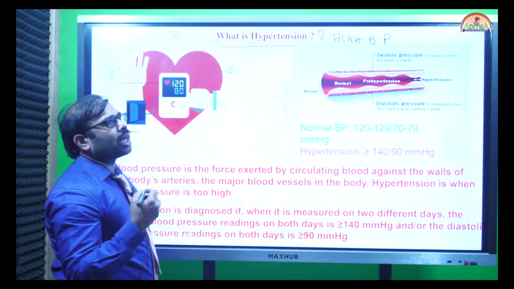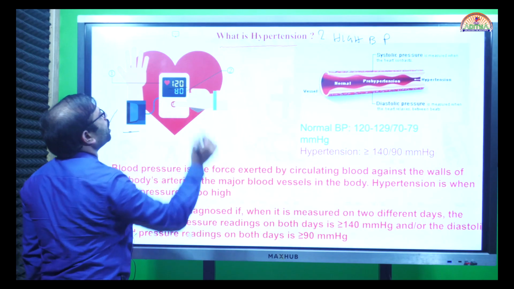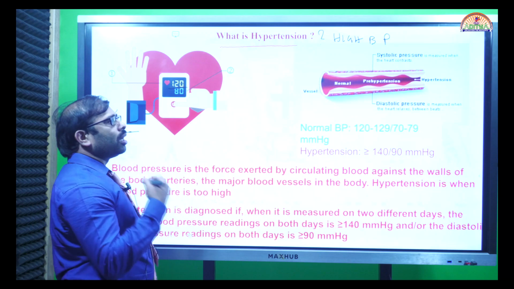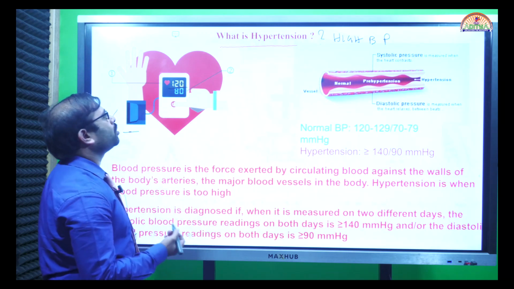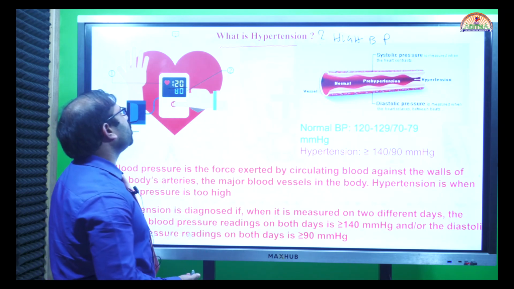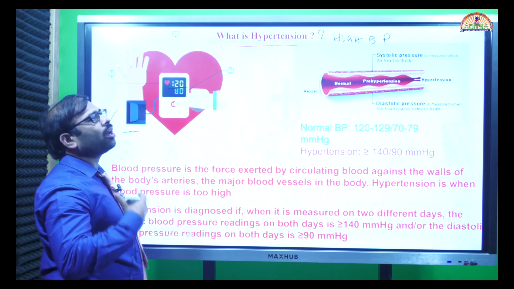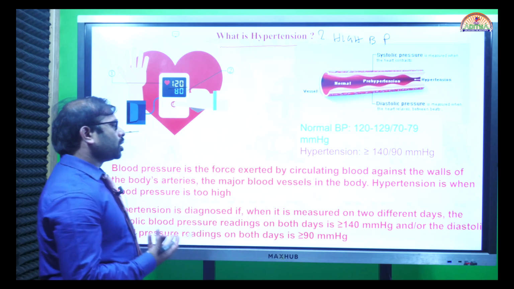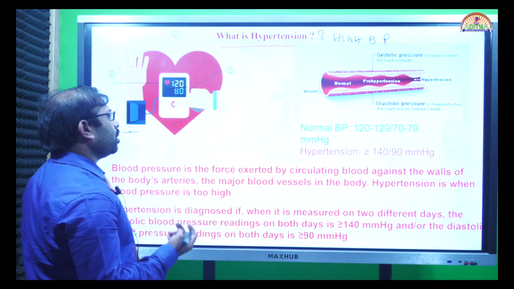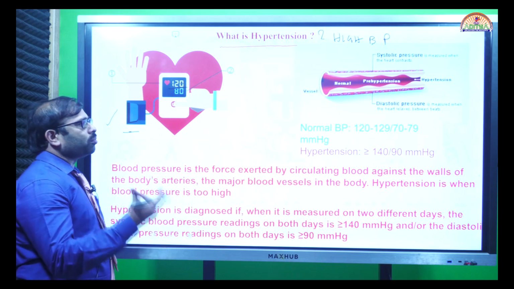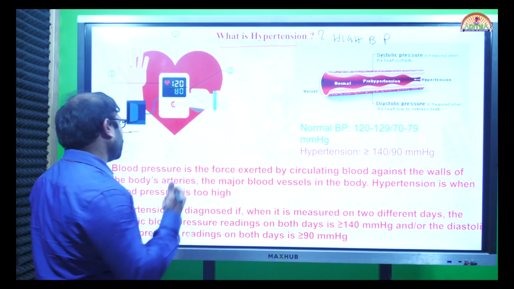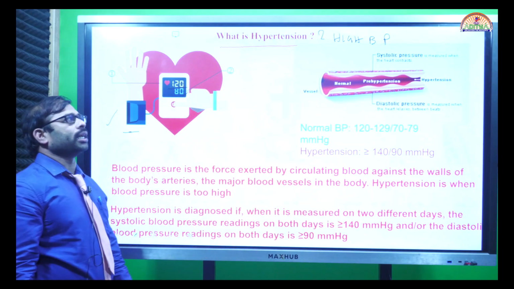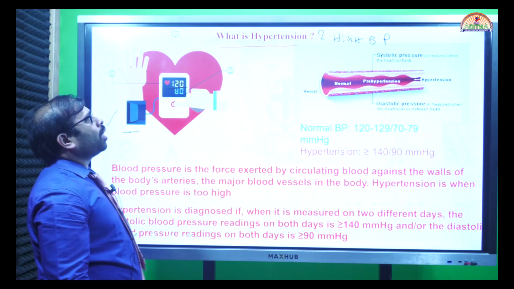Usually they look for 120/80, a number everyone is familiar with. We learn in school that 120/80 indicates the blood pressure, where 120 is the systolic pressure, and this one is the diastolic pressure. Then what is hypertension?